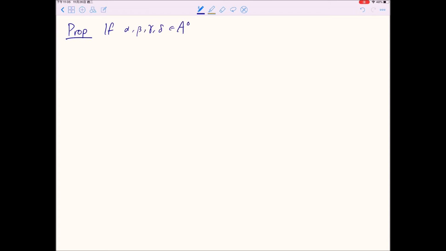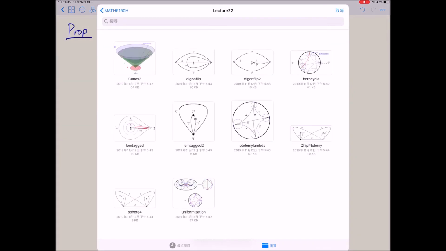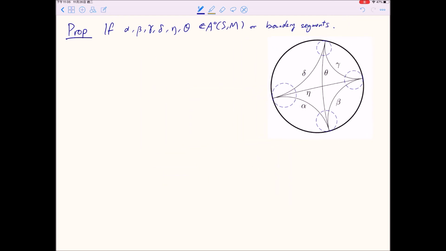So if you have 4 arcs, or actually maybe 6 arcs, either arcs or boundary segments, in the following configuration. Now all of these are geodesics, but then you have a choice of horocycles.